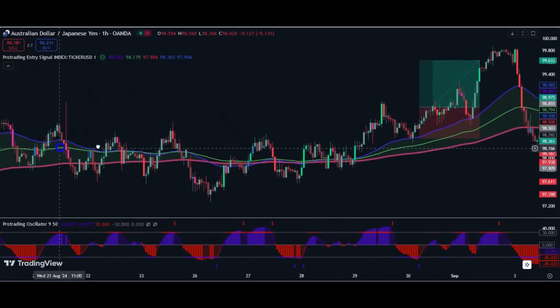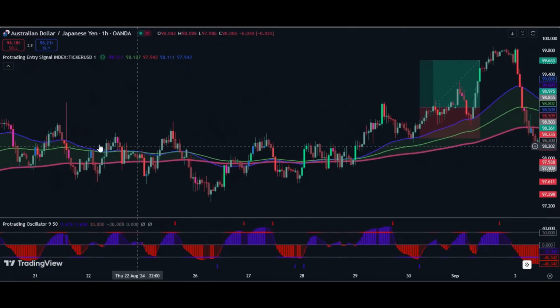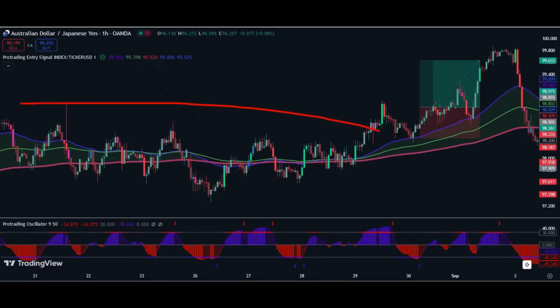If you see at this point, you can see that the 50 is trading below the 100, so there is no clear direction. This will also help you to filter out a lot of false signals from the market. You see within this region there is a conflict between the exponential moving averages.